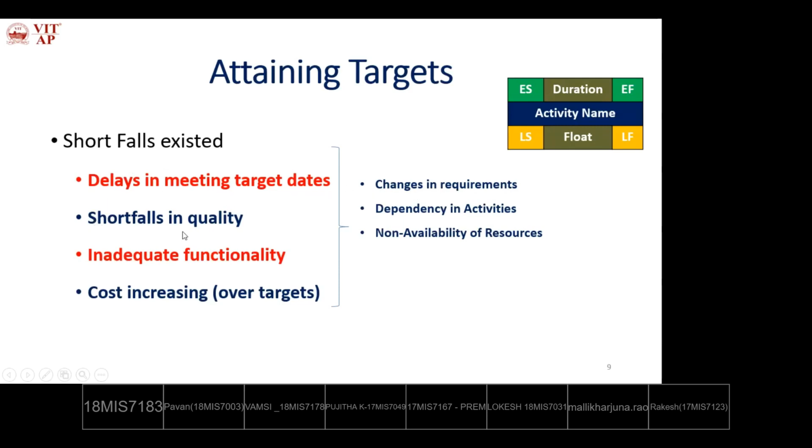Then shortfalls in quality. When dependent activities exist in software development, definitely quality is affected. For example, take the case of Google products. What are the various Google products? Gmail, YouTube, Google Maps, Photos, Drive, etc. Say you have a situation where you want to send a large file to your friend, for example a 100 MB file or 1 GB file.